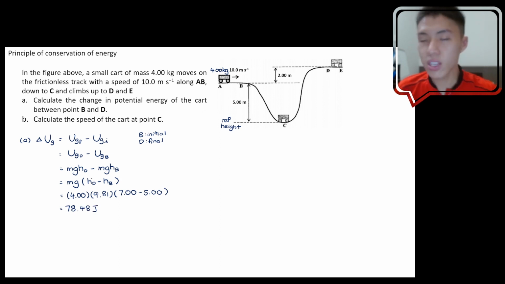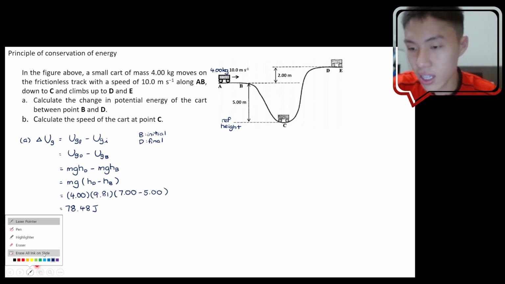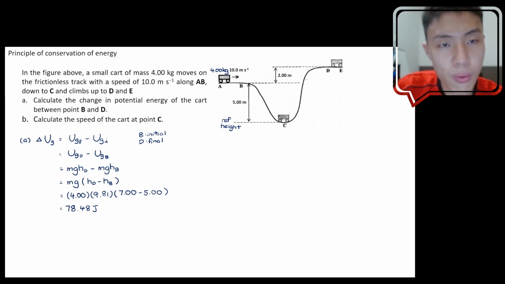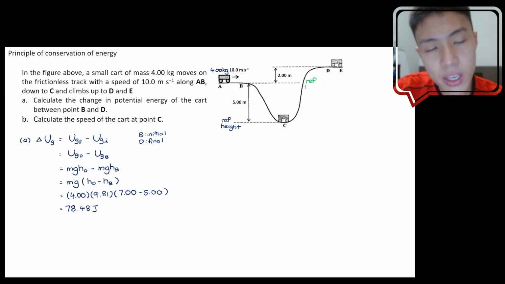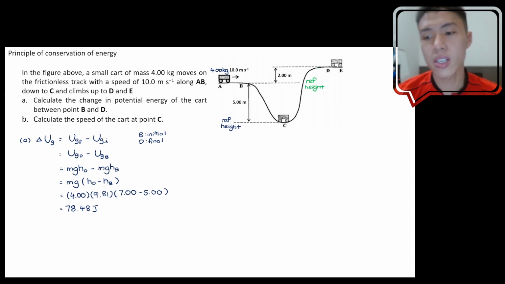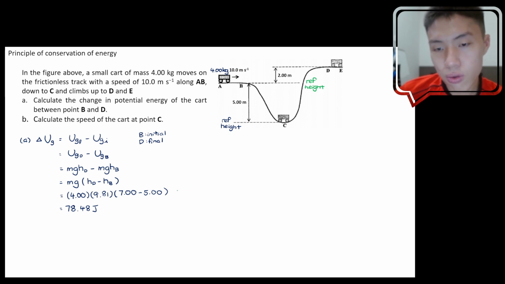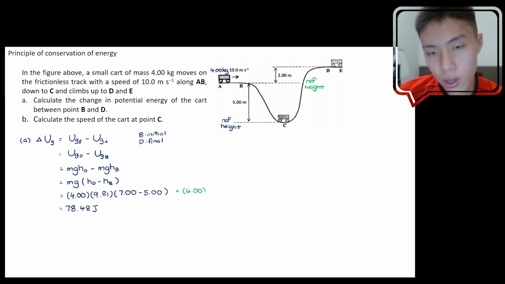But if today you say let's not put point C as our reference height. Instead, let's choose the point where all the measurements are made from. We want to put point B here as our reference height. If you do your substitution, it will be 4 times 9.81.